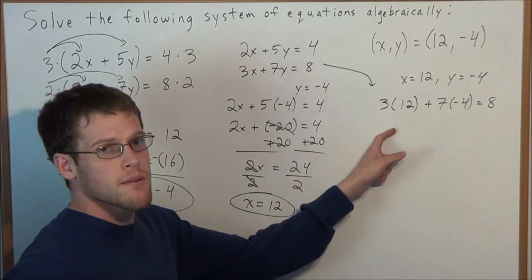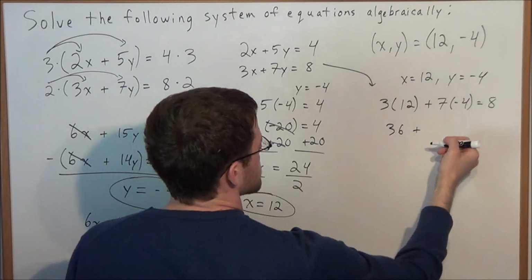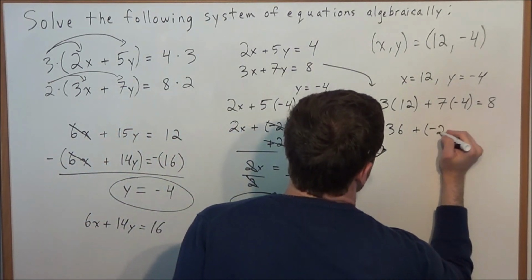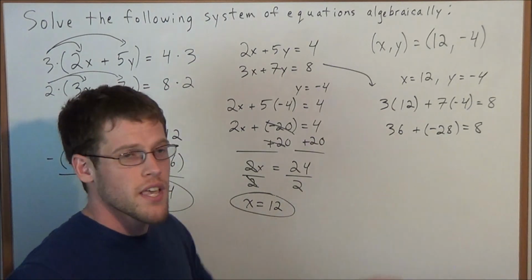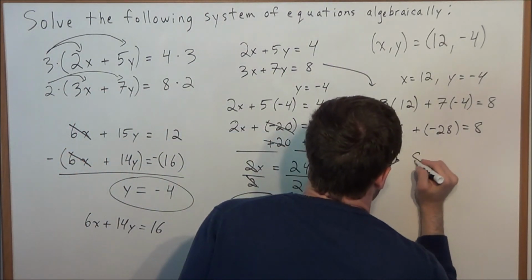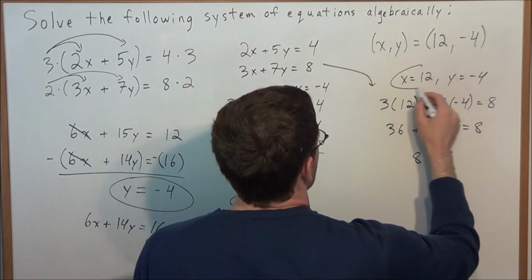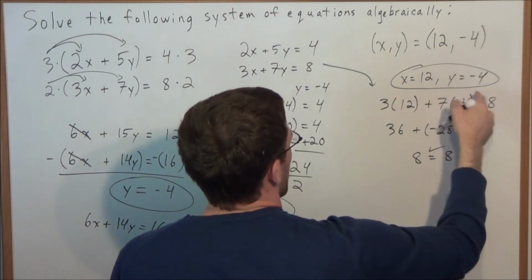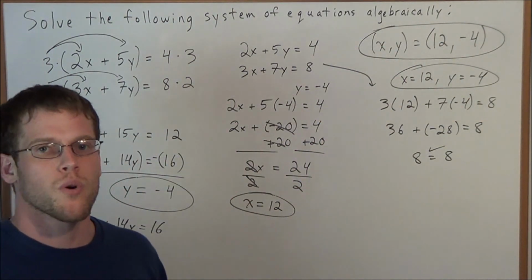So now we have 3 times 12 is 36, and we have 7 times negative 4 is negative 28. We set this all equal to 8, and now 36 plus negative 28 is in fact going to be 8. So this tells us that this solution of x equals 12, y equals negative 4 is the solution to this system of equations.